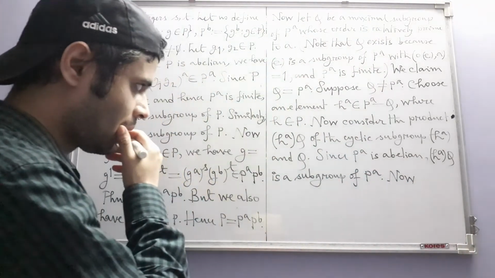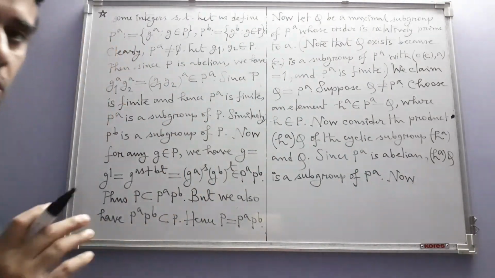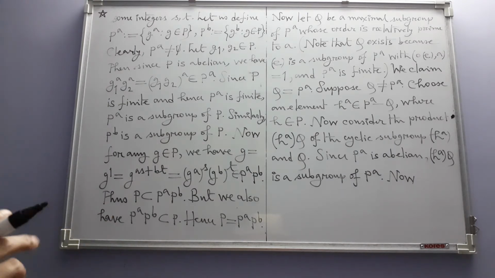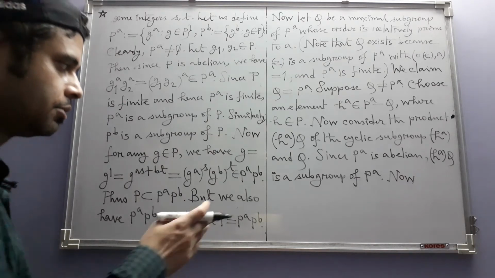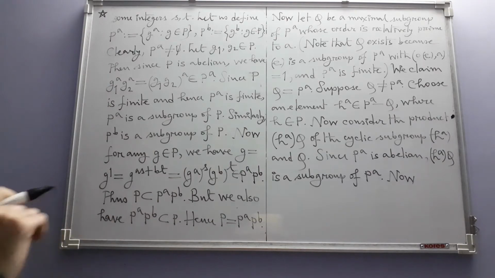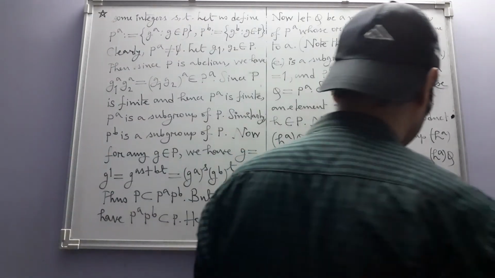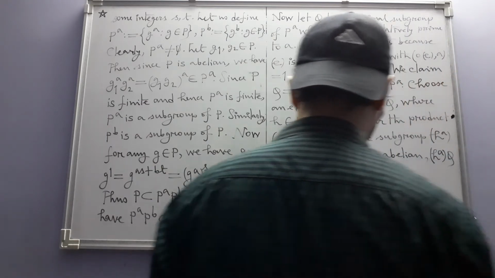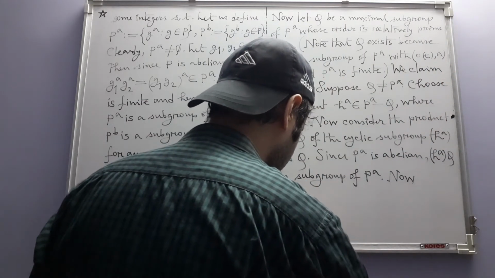Now, what about the order of this subgroup? We already have a formula for calculating the order of a product of two subgroups, which we have already seen. So we are allowed to use it. Okay, this is a legal result. Let me write it here.